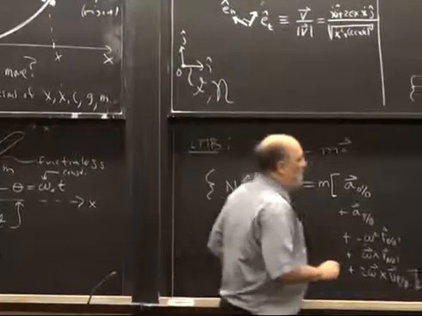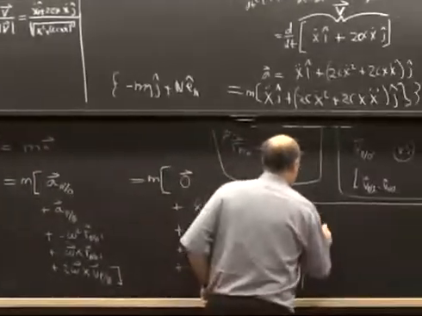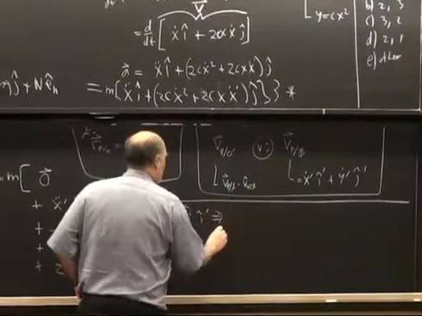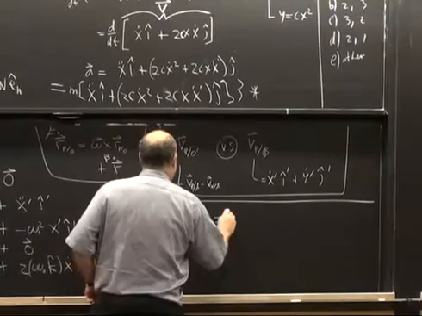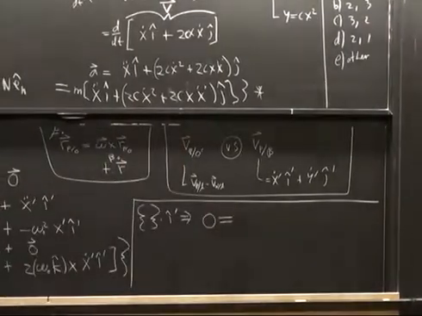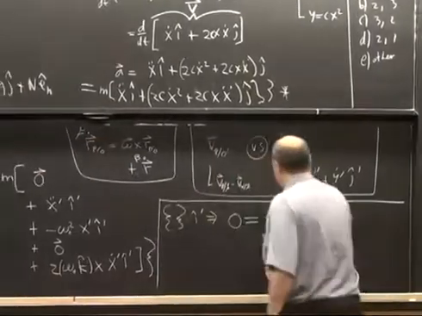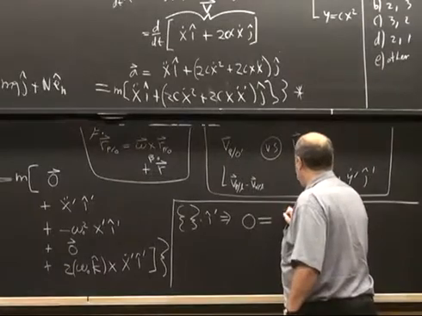So I take this whole formula here, and I take the dot product of both sides with i prime. What does that give me? On the left-hand side, it gives me 0. I dot this with i prime, I get 0. I dot this with i prime, I get x double dot prime.